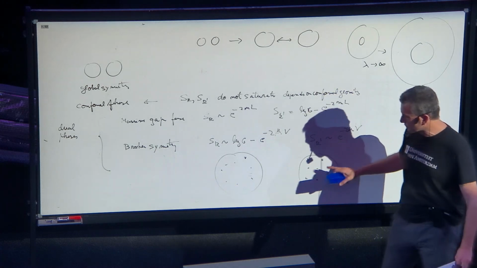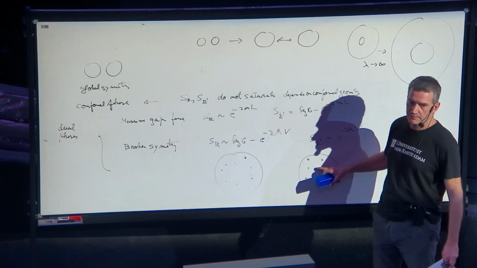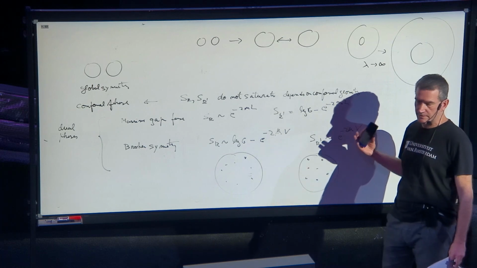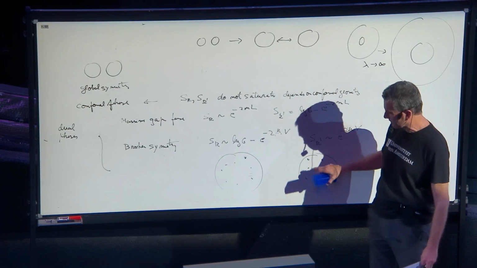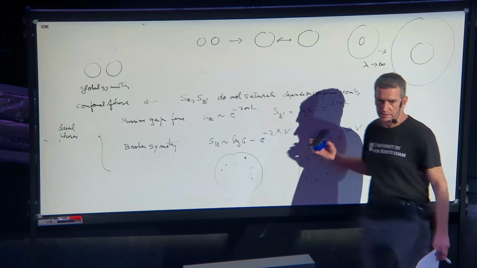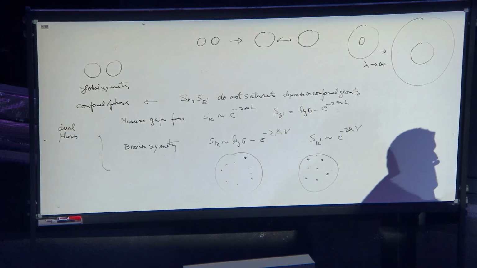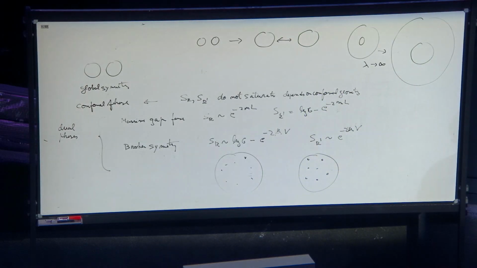It goes to a constant for one of them and to the volume law for the other, because you can put many uncorrelated ones, which produces the volume law. And exactly the same will happen for gauge theories.